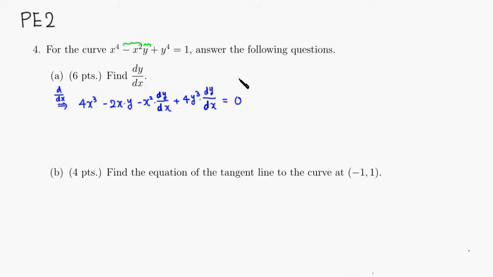Then what we want to do next is, since the thing we're looking for is dy over dx, isolate those terms. First I'm going to put these two terms on the other side, which we can do by simply adding 2xy and then subtracting 4x cubed.